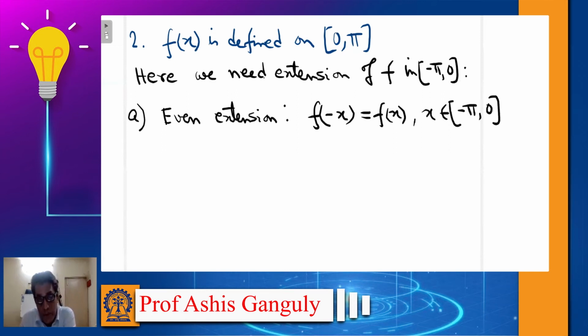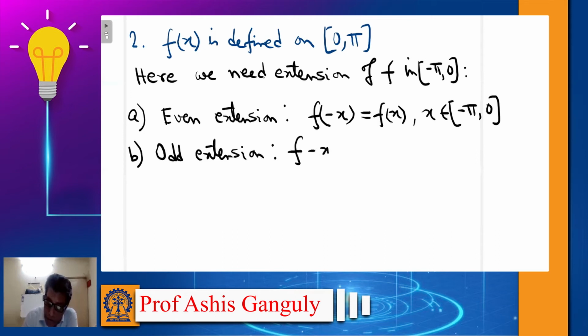Even extension possible, odd extension possible. Odd extension, where you will define f(minus x) equal to minus f(x), where x belongs to minus pi to 0.